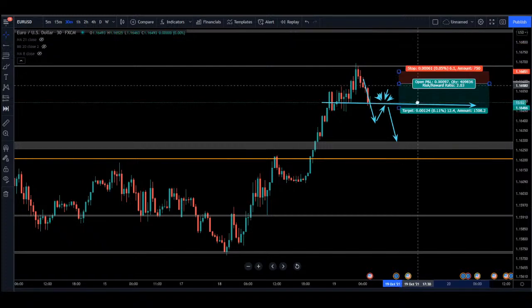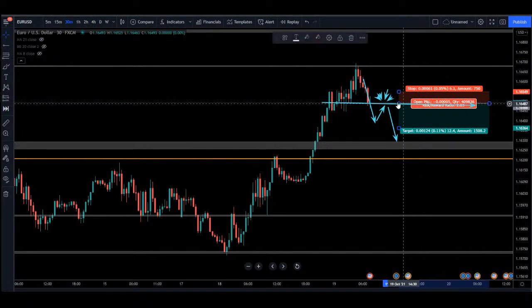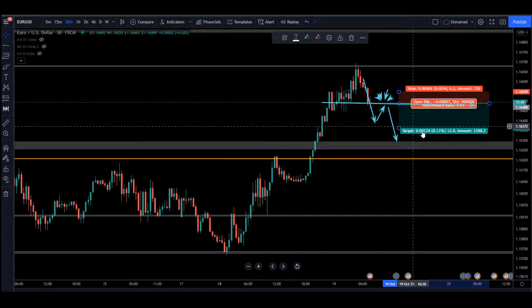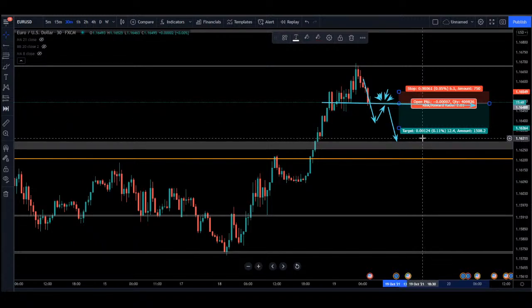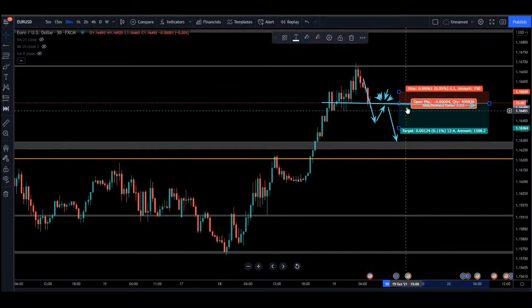I would open that position, something like that, risking 6 pips to make 12. That's what I would do, right? If I was gonna trade counter trend, and I'm not gonna do that, right? Which is something that you should be doing as well. Just don't fight the trend.